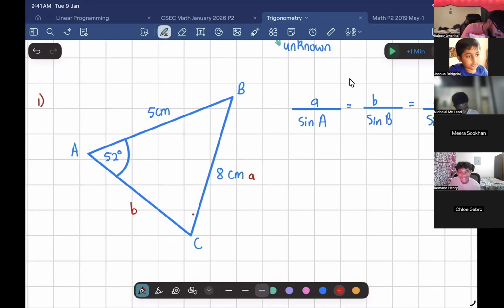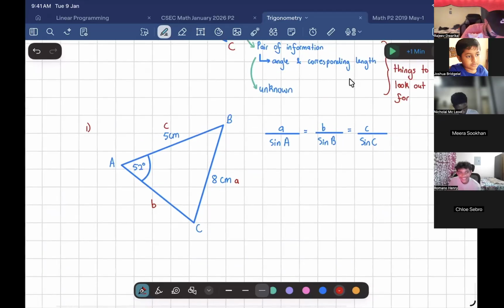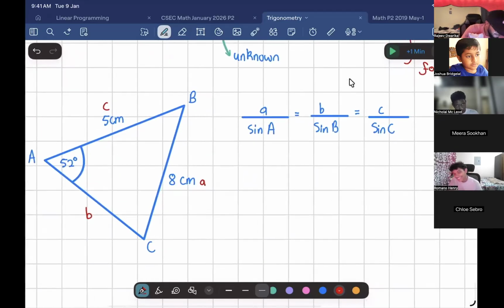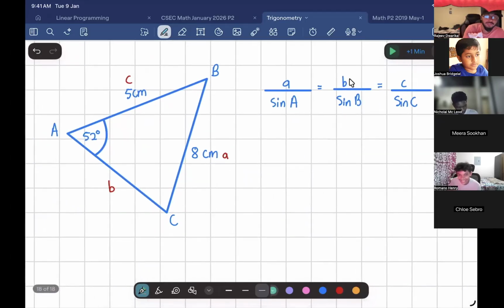And then B is 5 centimeters. So, Chloe, again, I want you to look out for a pair of information. Are you seeing an angle with a corresponding length in the diagram?